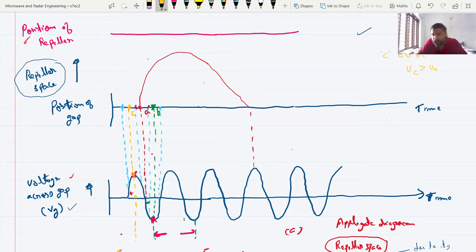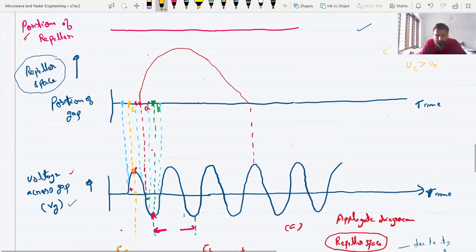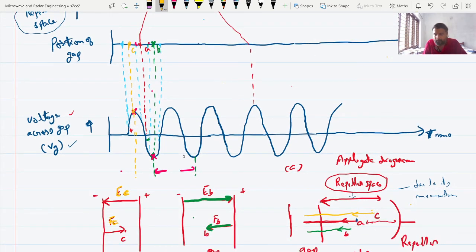Since the velocity has increased, momentum also increases, and because of that, the depth of penetration will be more than that of electron A, as shown in figure D. The distance traveled by the electron C is more than that of electron A, and also its velocity.